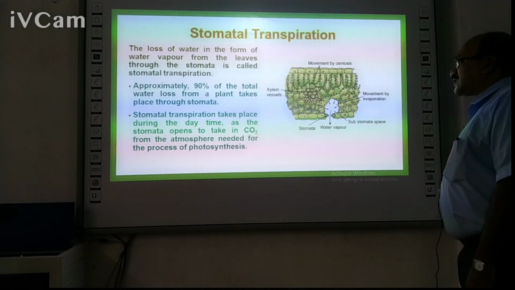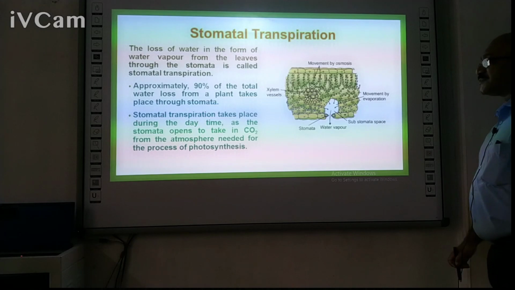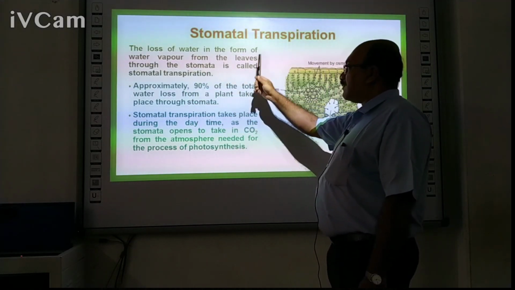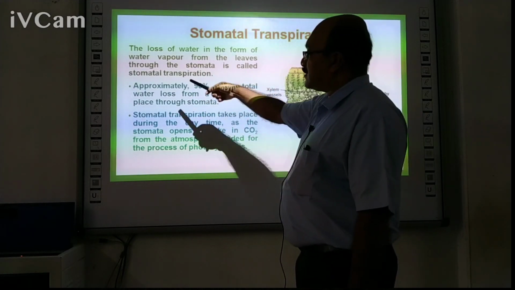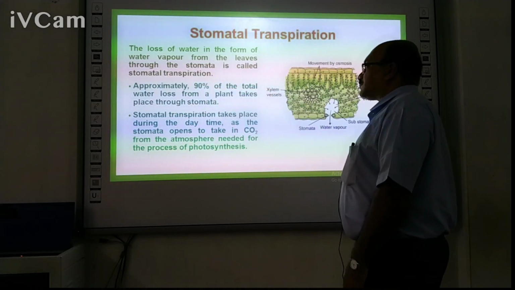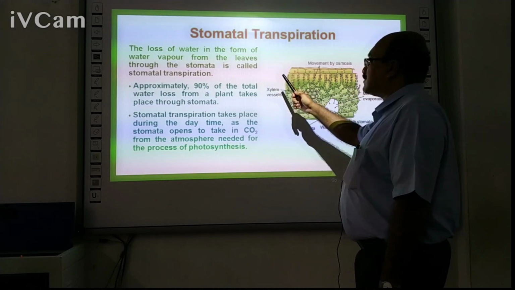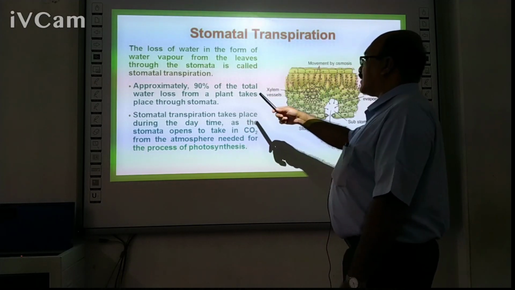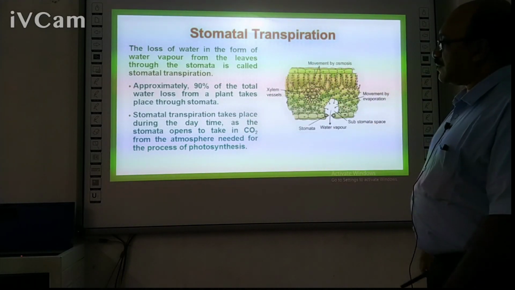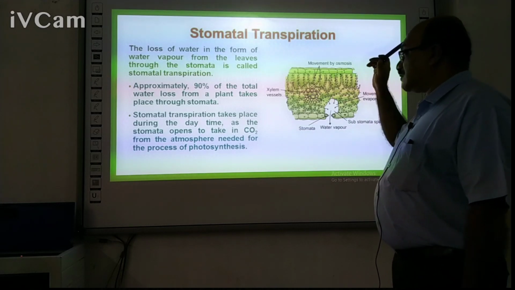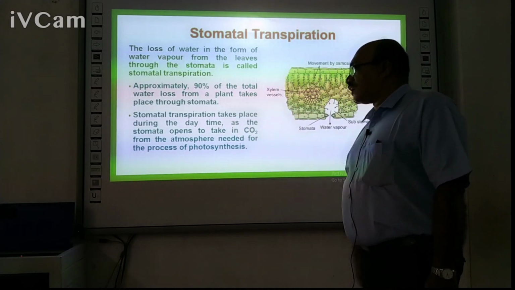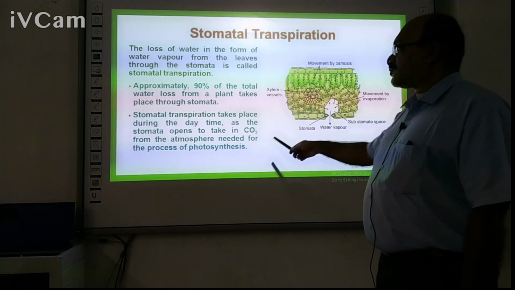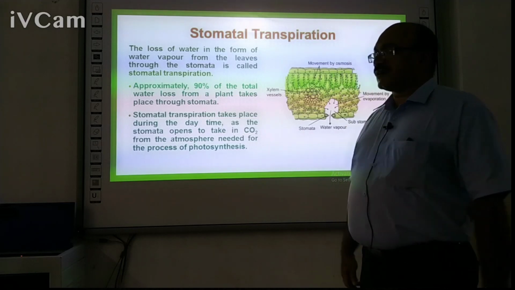Now, stomatal transpiration. What is stomatal transpiration? It is the loss of water in the form of water vapor from the leaves through the stomata. That is what we call stomatal transpiration. Now, 90% of the water which the plants lose by transpiration actually takes place by stomatal transpiration.